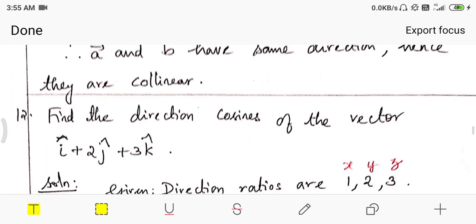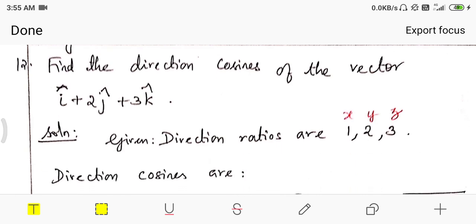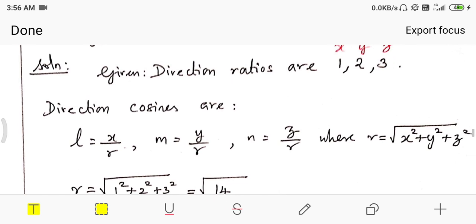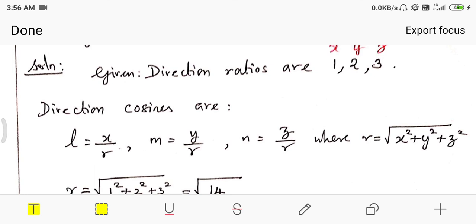Number 12. Find the direction cosines of the vector i cap plus 2j cap plus 3k cap. I have done this in two ways. Direction ratios are 1, 2, 3, which we can directly see as the scalar components. Then the direction cosines formula is l equal to x by r, m equal to y by r, n equal to z by r, where r equals root of x square plus y square plus z square.